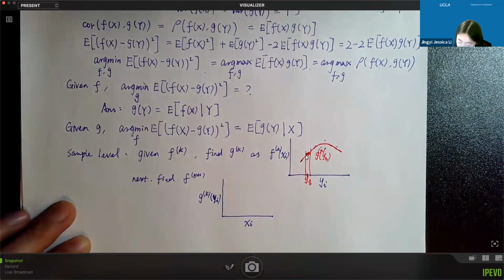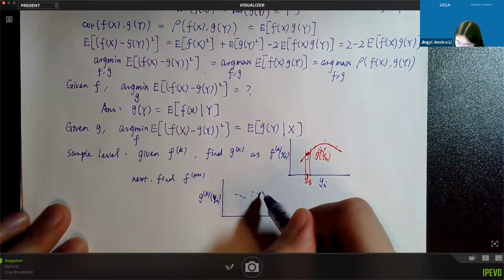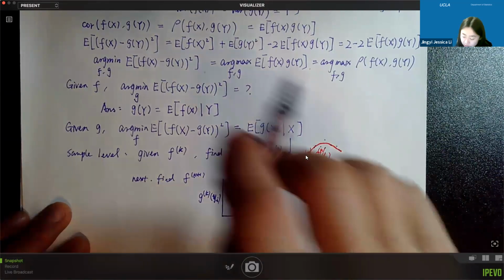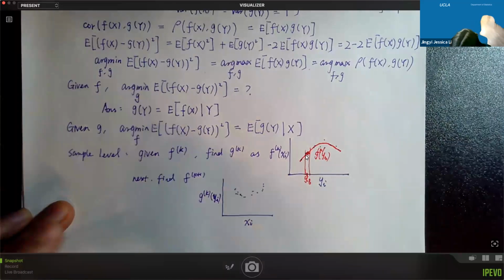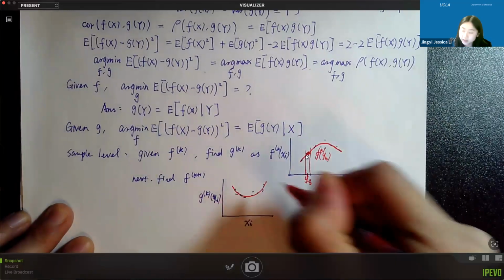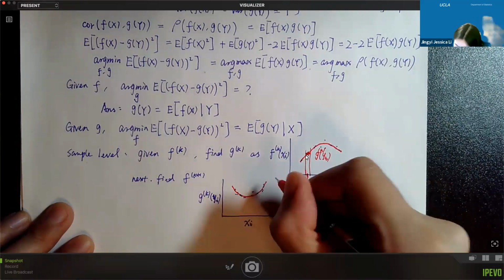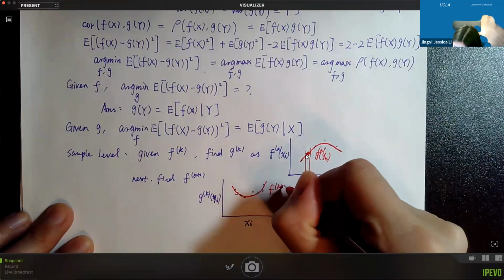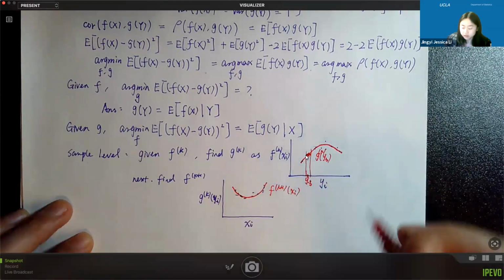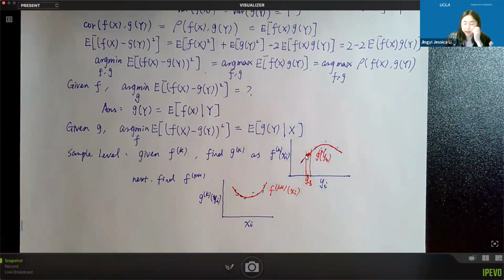Let's say the data points look like this. Then you find another regression line through it, and you call the fitted values on the line your f_{k+1}(x_i). So that's how you update at every step.